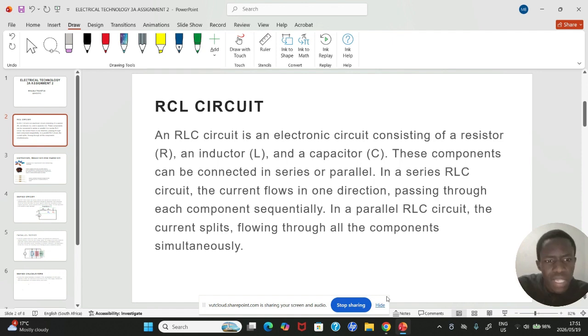But in parallel, only the voltage is shared, the total voltage won't split. What gets split is the current, which flows through all components simultaneously.